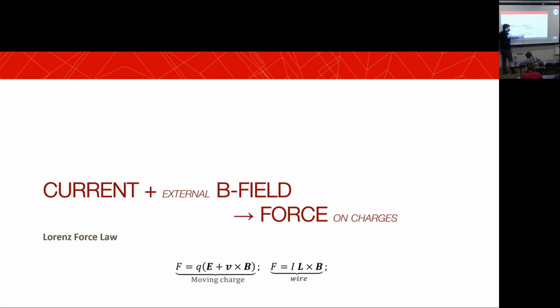This is the free space notation, where we have a moving charge Q in an electric field E, moving with velocity vector V in a magnetic field B. So E, V, and B are all vectors.